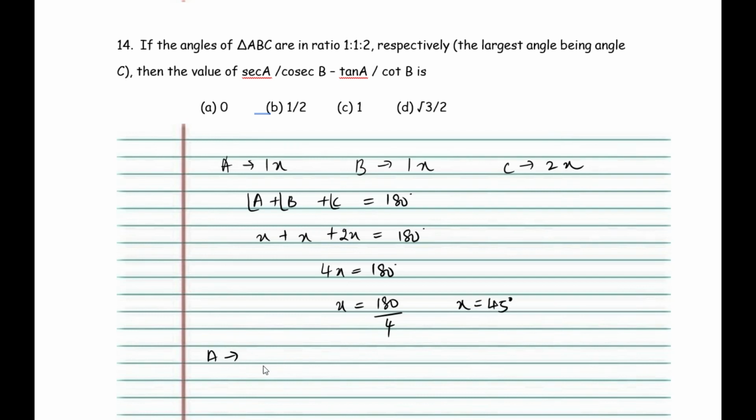Now angle A is 45 degree, angle B is 45 degree, angle C is 2 times x, that is 90 degree. What we need to find out?